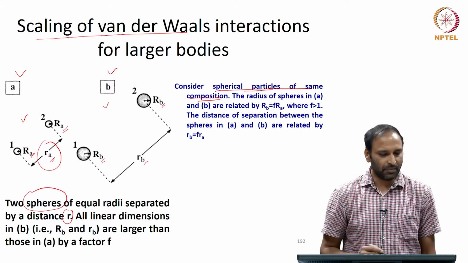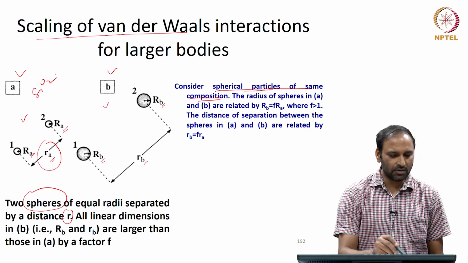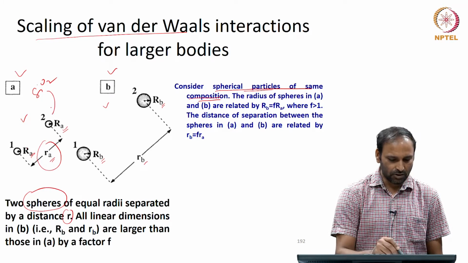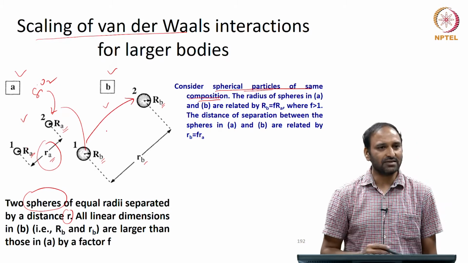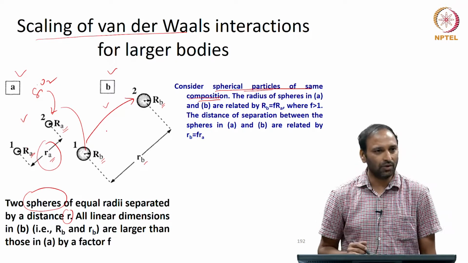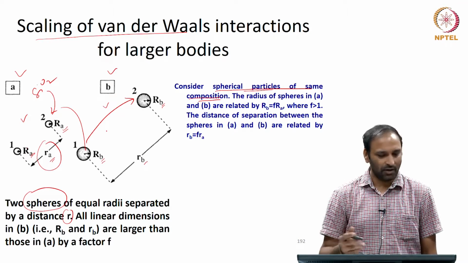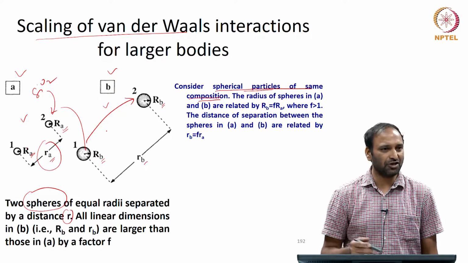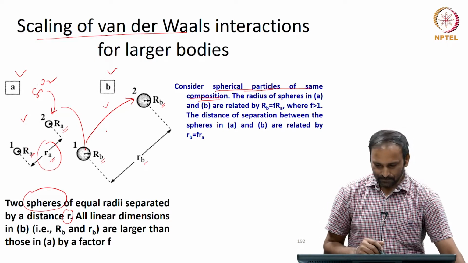That means, if in case A I have taken silica particles, the other particle will also be a silica particle, and similarly all the particles will have the same composition. That is done just to keep things simple. You can do a similar kind of exercise for cases where the composition need not be the same, but for simplicity we have done that.